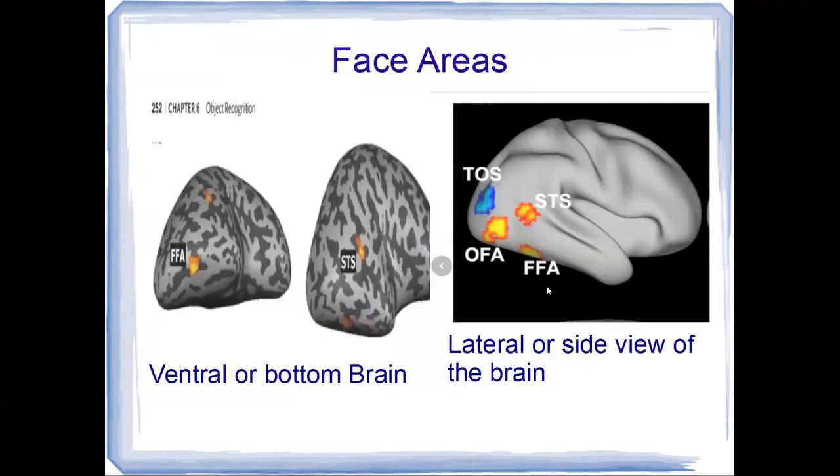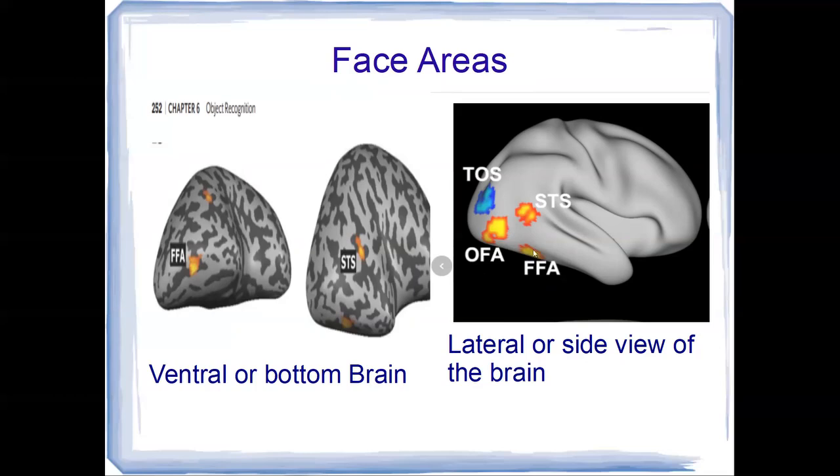So to begin, we need to learn a little bit of neuroanatomy. Some of this is a little bit familiar, but these are some of the areas involved in processing faces. So the first area and the first stop in processing faces is going to be the occipital face area, and it sits just lateral to the occipital pole. Another area that's especially important in processing faces is the fusiform face area, or the fusiform gyrus.